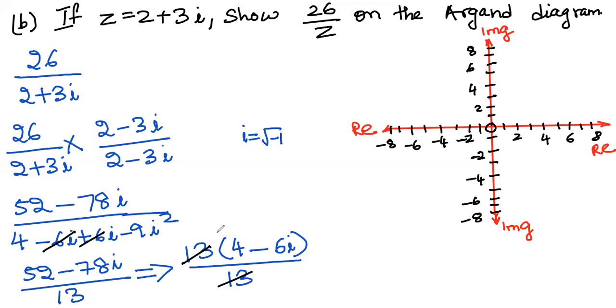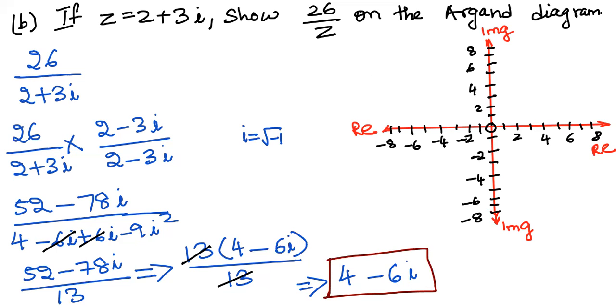We could have taken 26, but we have to plot it on the Argand diagram, and we have the denominator as 13, so I want to get rid of that. Hence we have 4 minus 6i that has to be plotted on the Argand diagram.